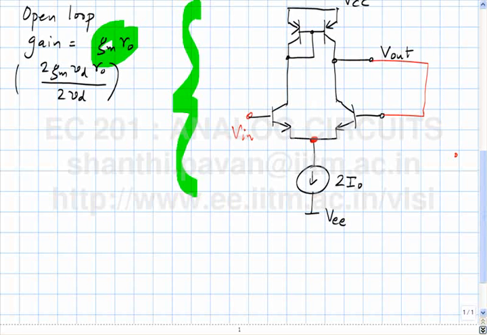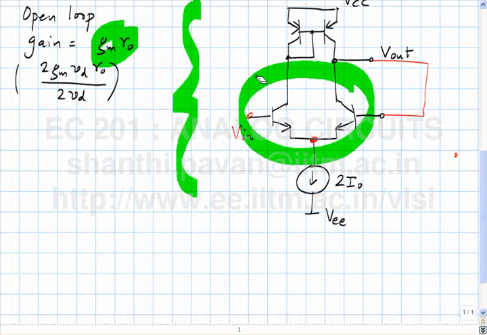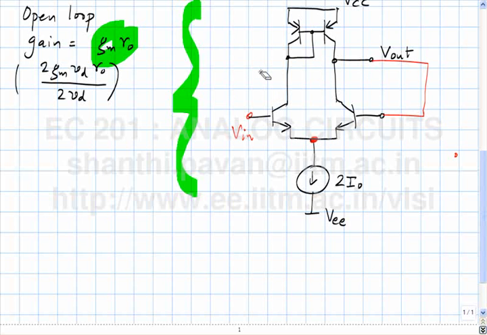I mean, if all the transistors here are operating in their active regions, you can model the differentials there. Let's do this before we get to the closed loop. This is the positive terminal of the op-amp. This is the negative terminal of the op-amp.